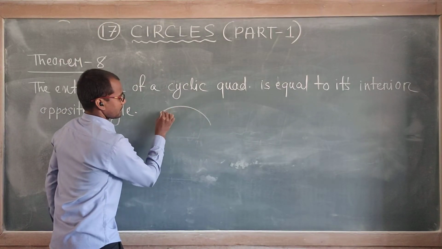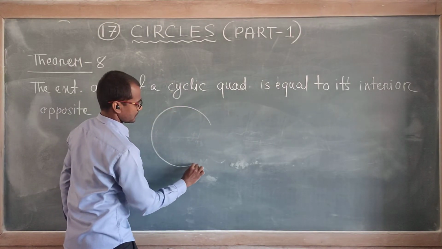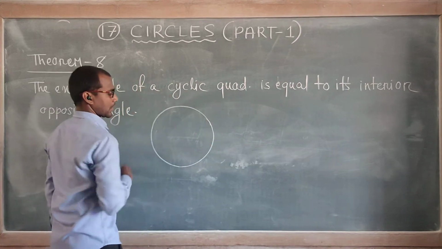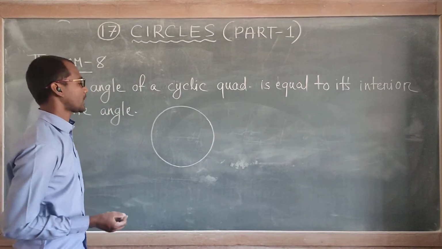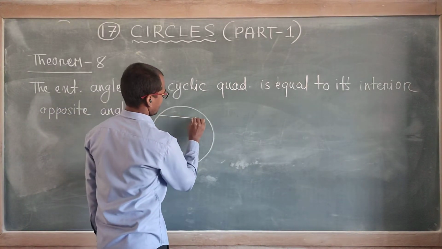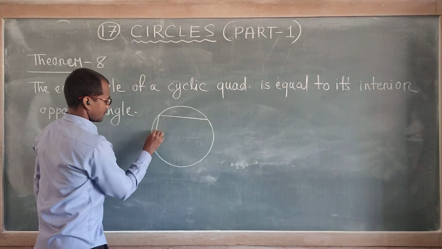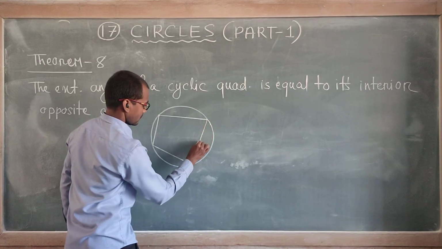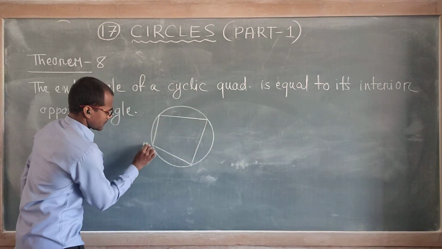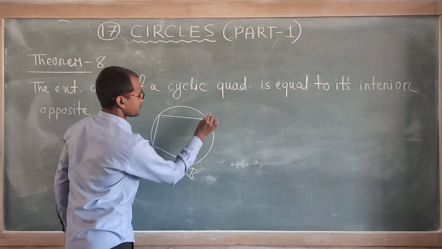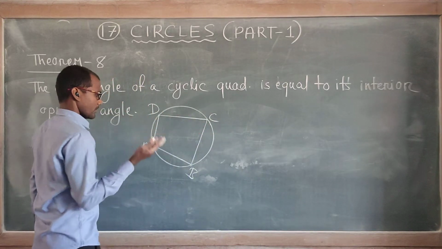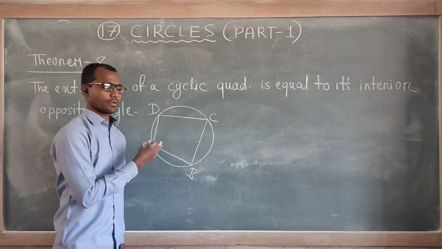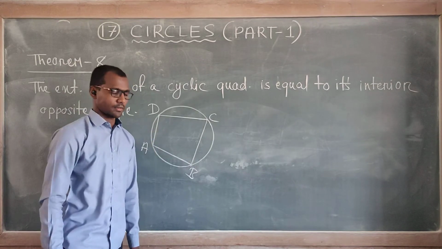We have a circle, let us draw a cyclic quadrilateral. So ABCD is a cyclic quadrilateral because all of its four vertices are lying on the circumference of the circle, as you can see.